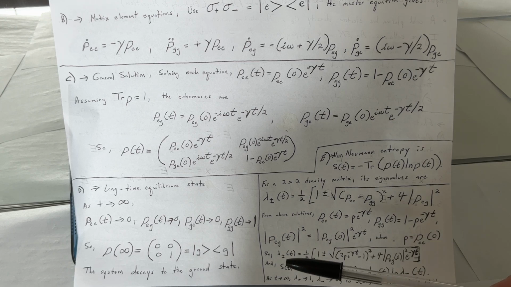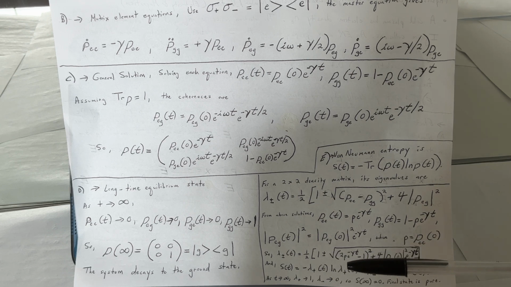So lambda plus minus of t equals 1/2 bracket 1 plus or minus the square root of quantity 2p e to the negative gamma t minus 1, that squared, plus 4 times the absolute value of rho sub EG of 0 squared e to the negative gamma t, all under the square root there. And then close bracket. Sorry about that.